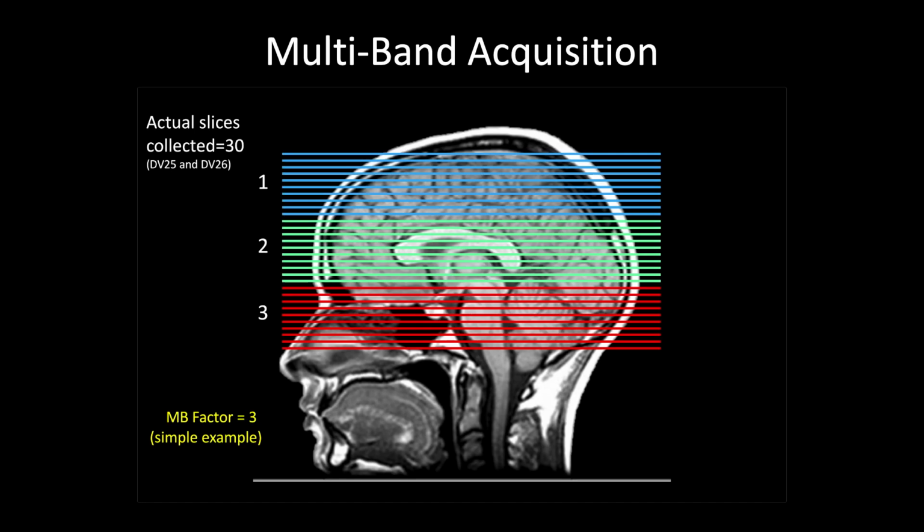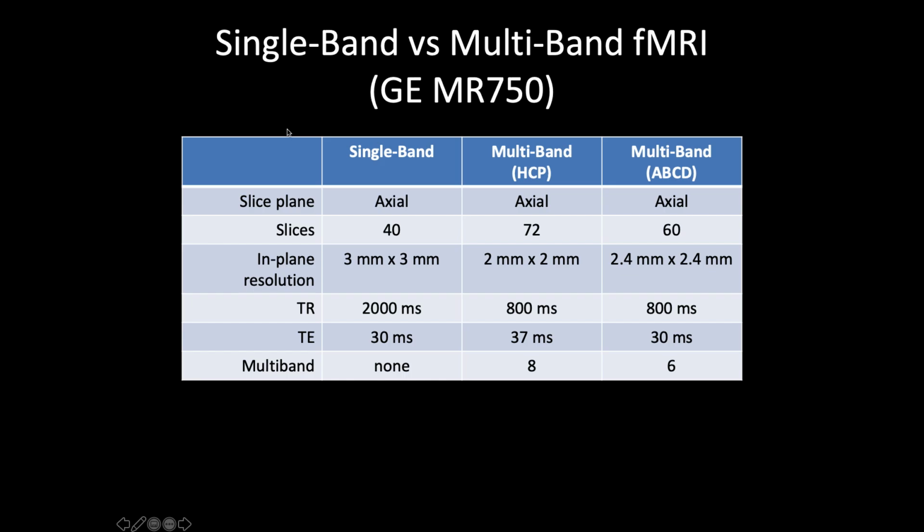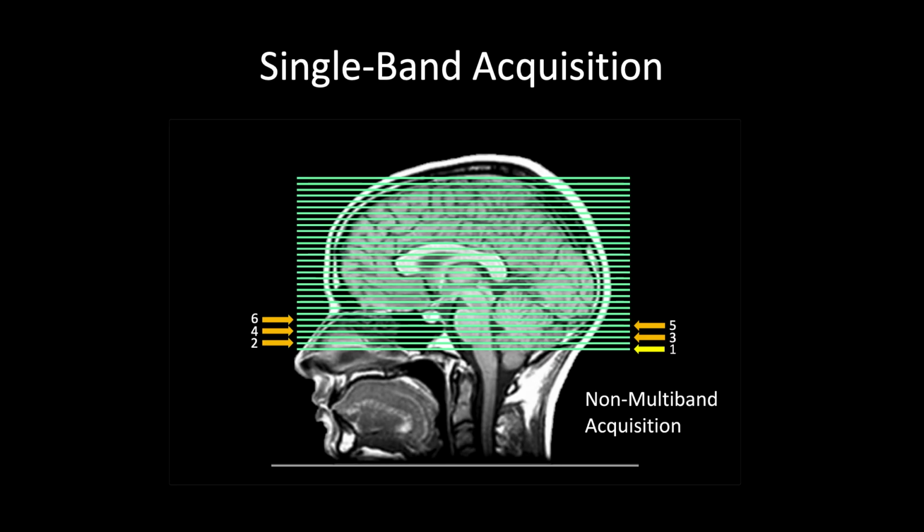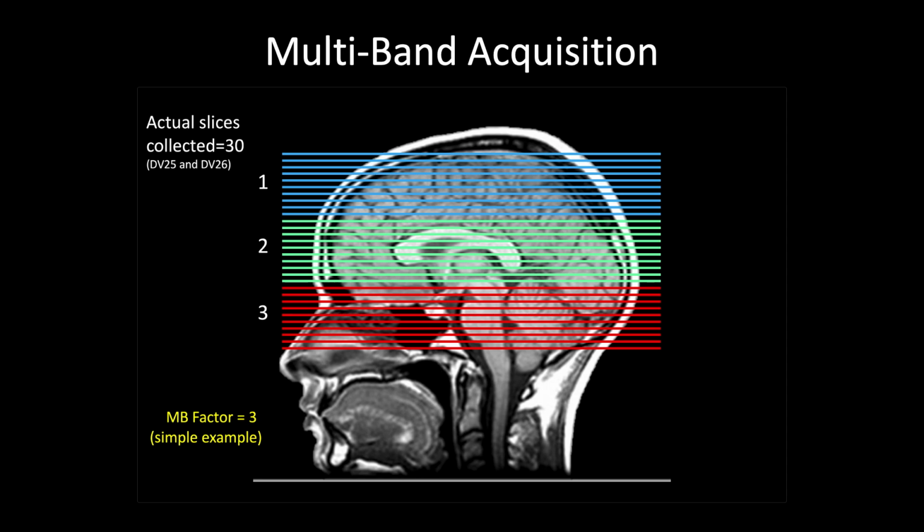And the multiband is a little bit different because instead of collecting these slices individually, we're now collecting a group of slices simultaneously. And so in this example, although we have the same number of slices as the previous image, so this has 30, and we're collecting 30 here, we're collecting them essentially 10 at a time.